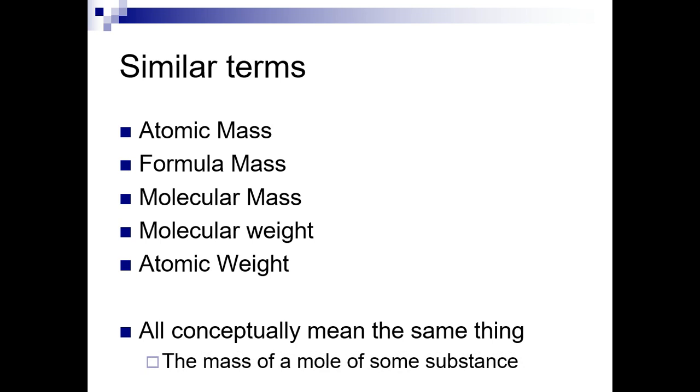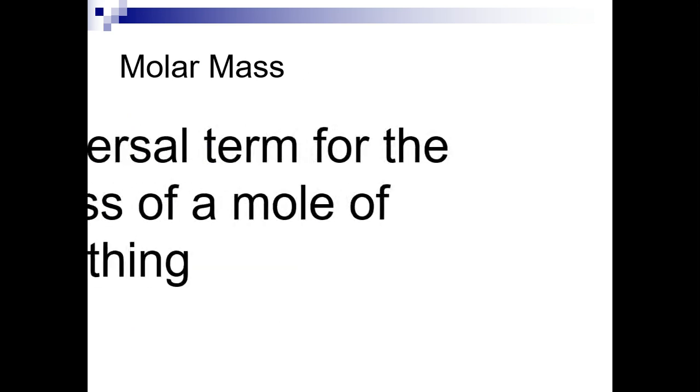So to simplify that, instead of getting very specific with whether it's formula mass, atomic mass, or molecular mass, they're just vocabulary. I just use a common term: molar mass. Molar mass is the mass of a mole of anything. So the mass of a mole of atoms would be the atom's atomic mass.